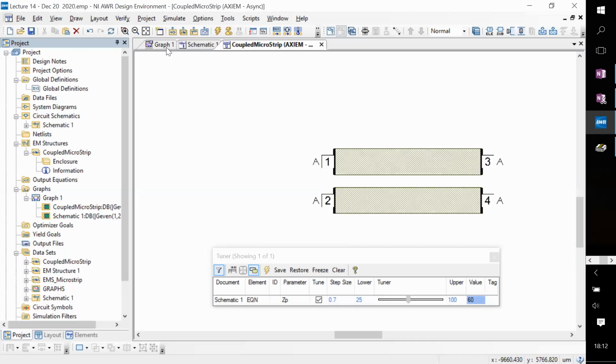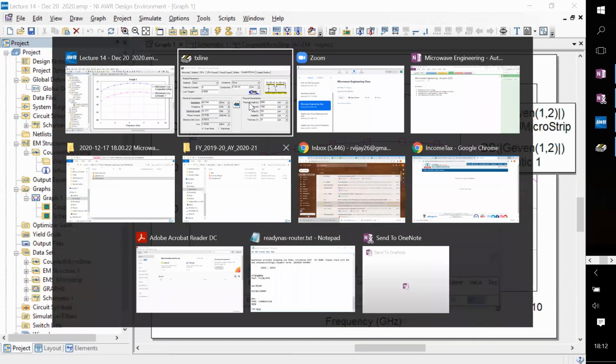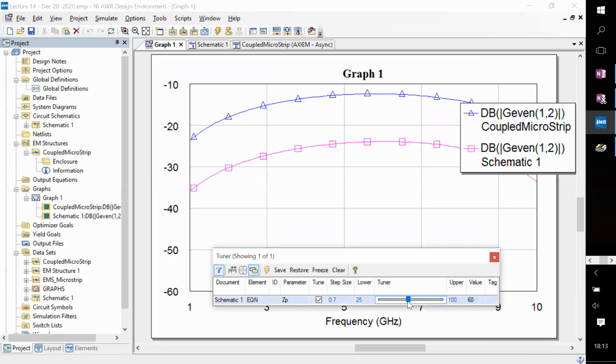Okay, so this now makes sense that this is the even mode impedance as we have seen here, and that's where you get the smallest reflection coefficient.